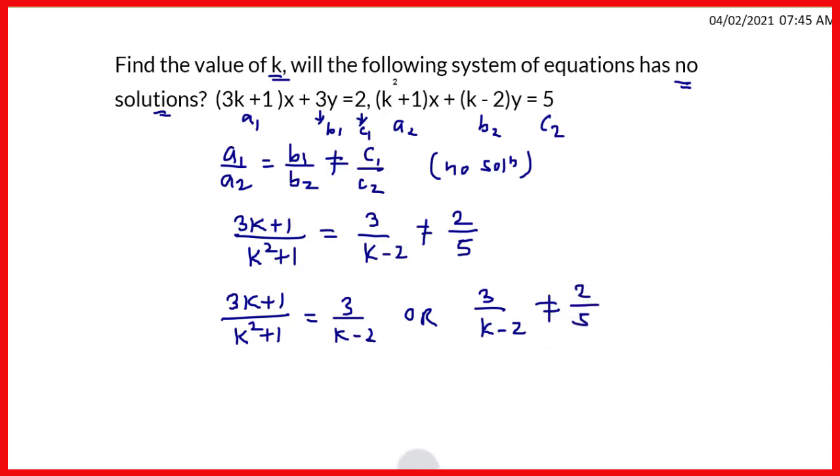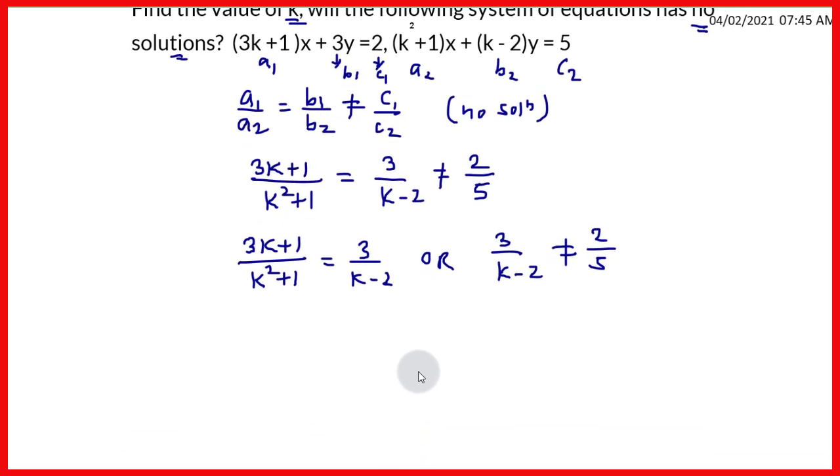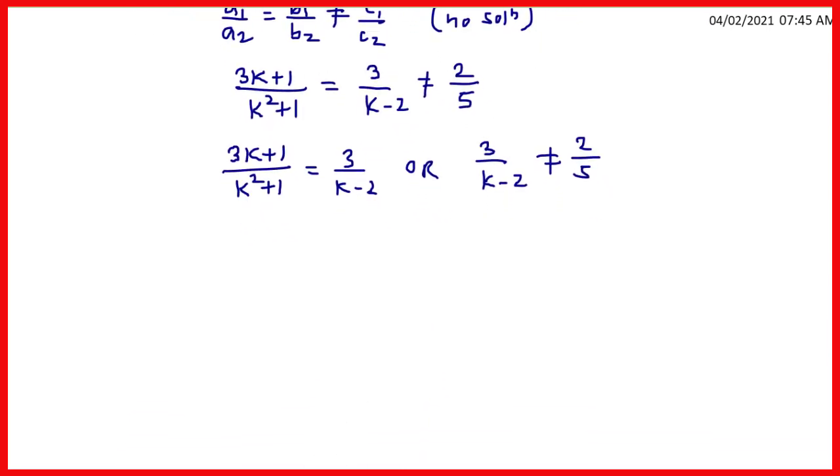So friends, first of all we will solve this first equation. Cross multiply this, so it will be (3k + 1) into (k - 2) is equal to 3 into (k square + 1). Solve this.